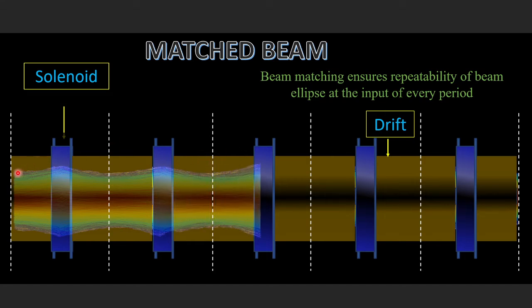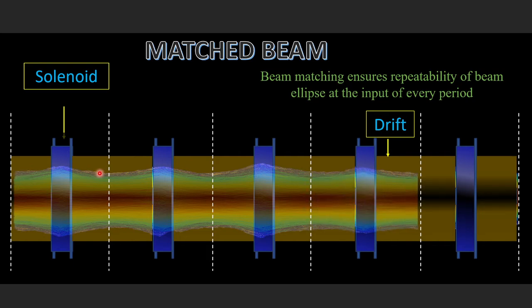What I mean by that is the twiss parameter at the input of the first period is the same as the twiss parameter at the input of the second period, third period, fourth period, and so on and so forth. So this is the case when you have a matched beam. The beam is well behaved, oscillating with the frequency of my period. This is the beam envelope.